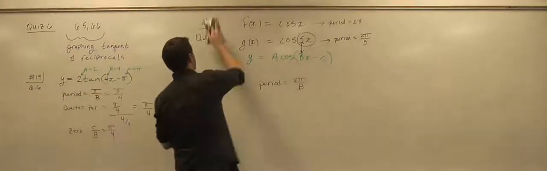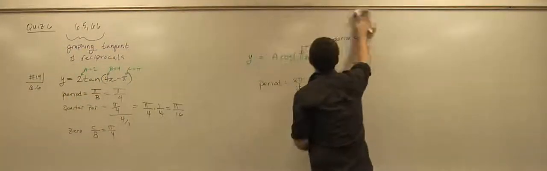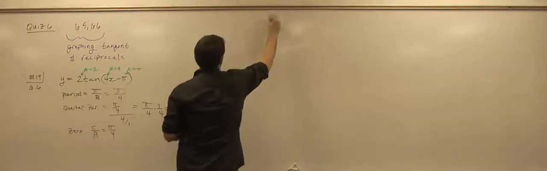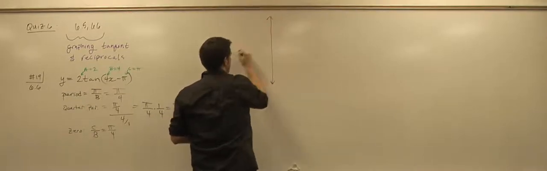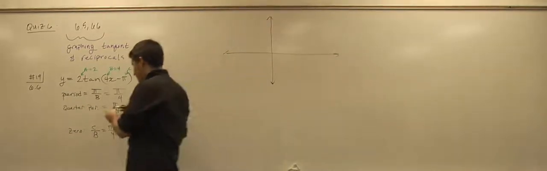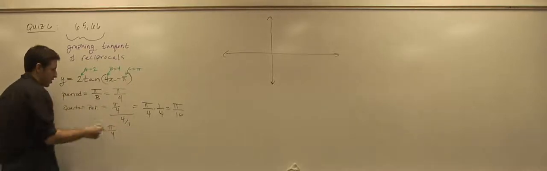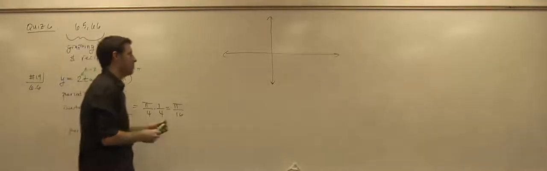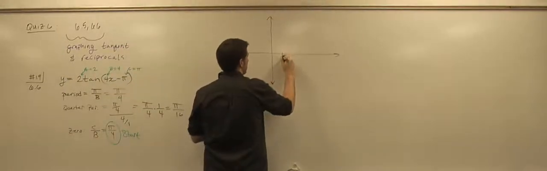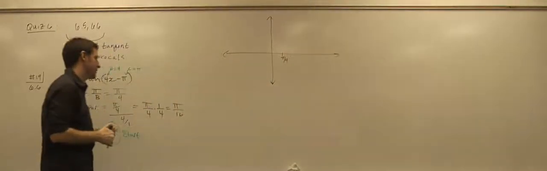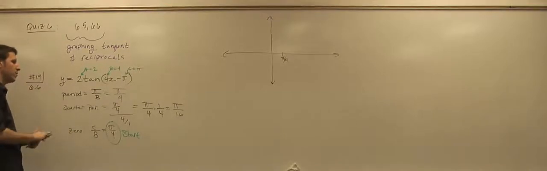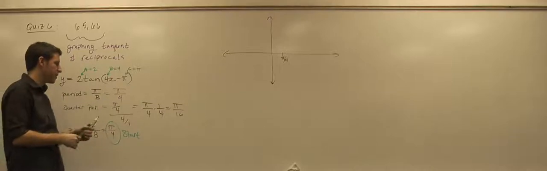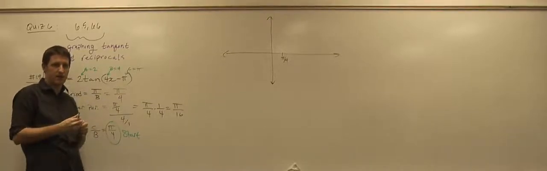So now we can start doing our graph. This is where I'm going to start building my tangent graph. I'm going to put pi over 4 on my x-axis. Because this is pi over 16 and this is pi over 4, I'm going to want a common denominator to make my calculations easier.